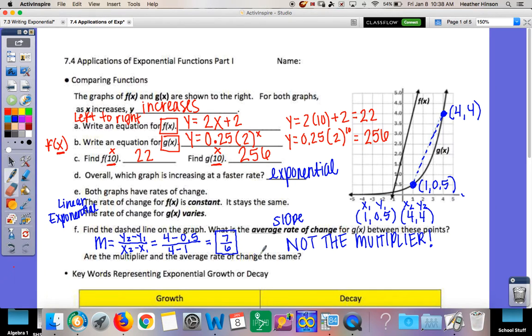That's what this question right here is. The multiplier and the average rate of change are not the same, ever. The multiplier is how much it grows or decays. That's what it's multiplying by. And the average rate of change is your slope, just between 2 points, not of the whole graph.